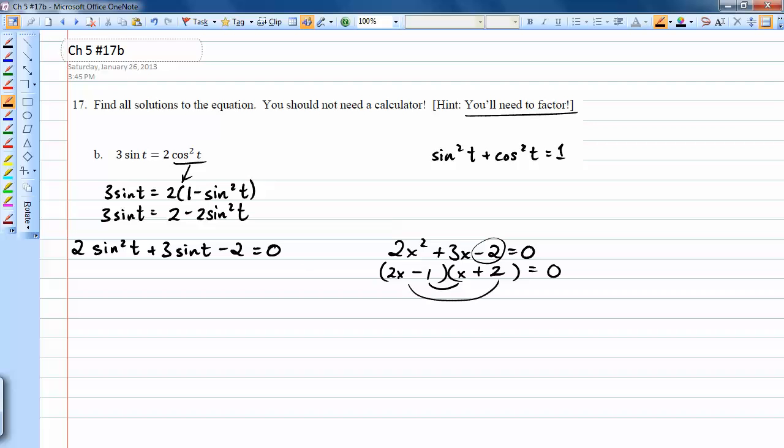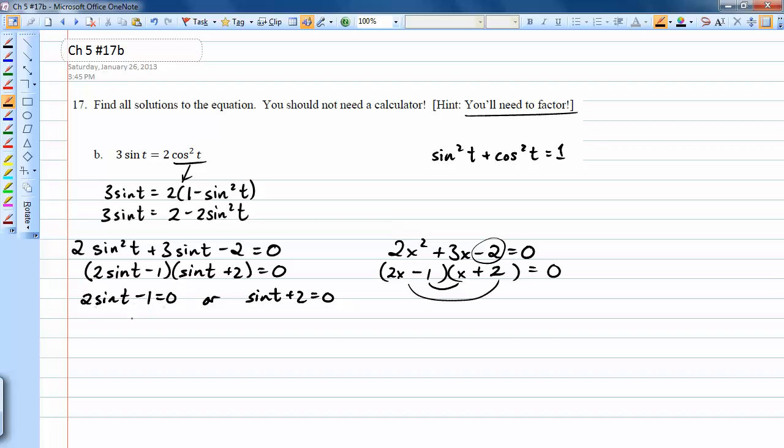But really, it's not x, it's sine t. So over here I get 2 sine t minus 1, parentheses, whoops, not x, sine t plus 2 equals 0. And now I can set each of these parentheses equal to 0, so 2 sine t minus 1 is 0, or sine t plus 2 equals 0.